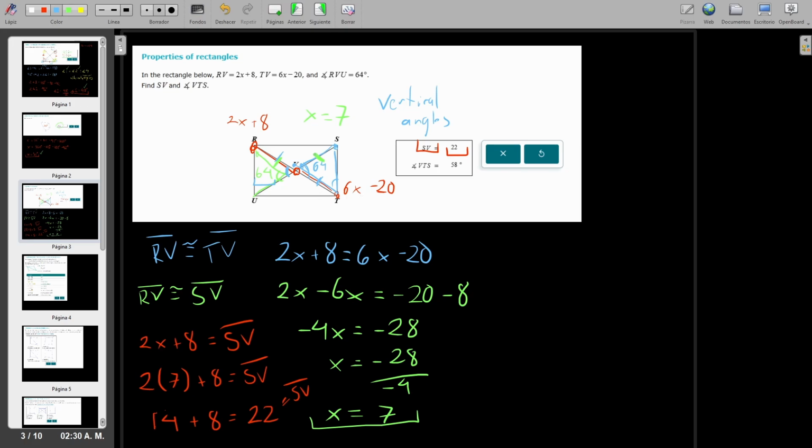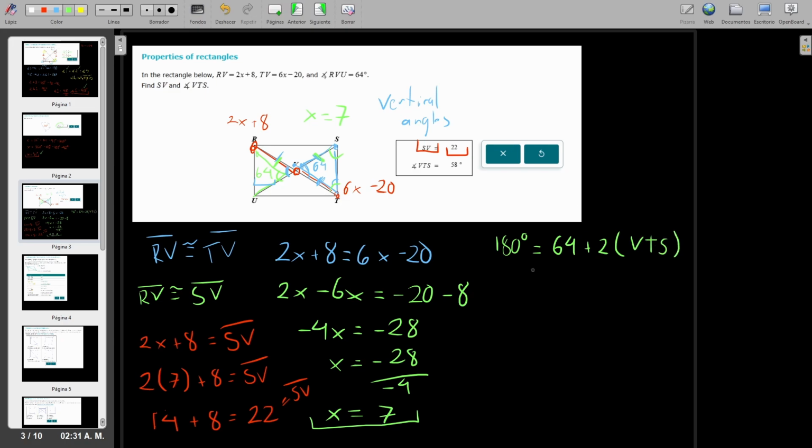Now we know that these parts are isosceles, meaning that these angles are going to be of the same value. So we have 180 degrees equal to 64 plus 2 times the value of, in this case, VTS.